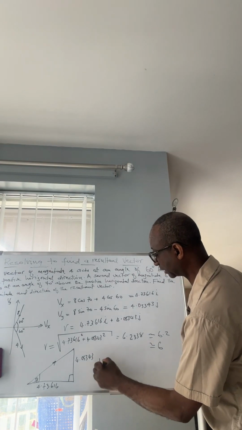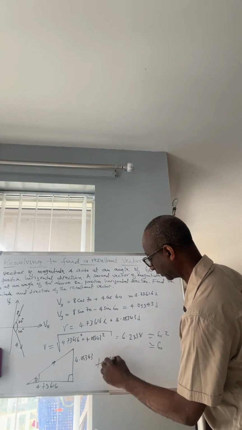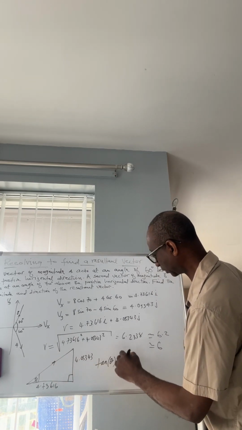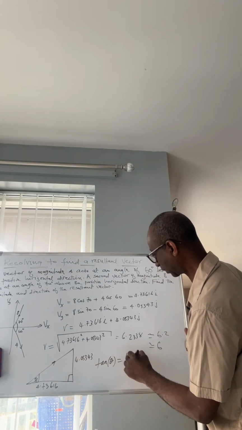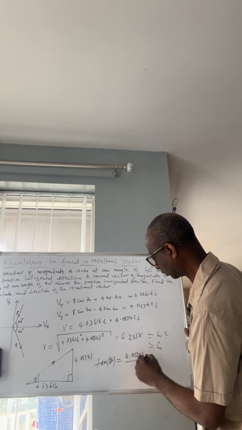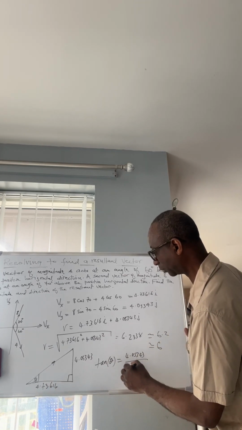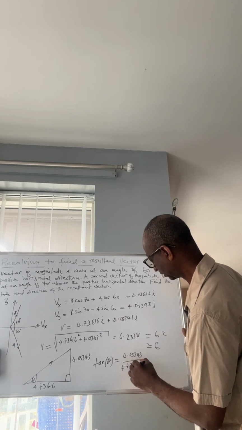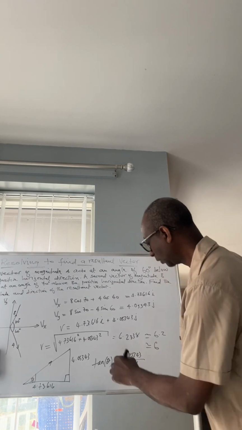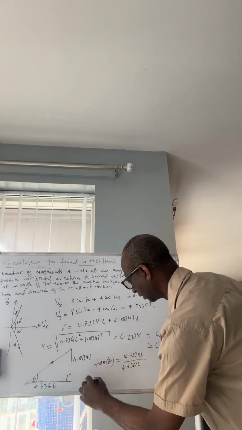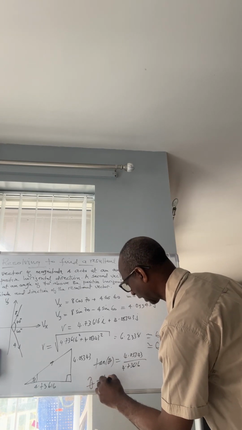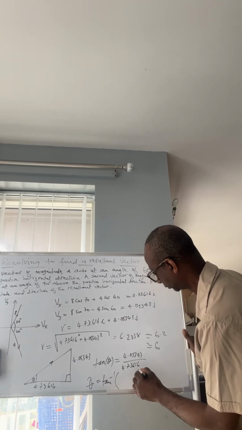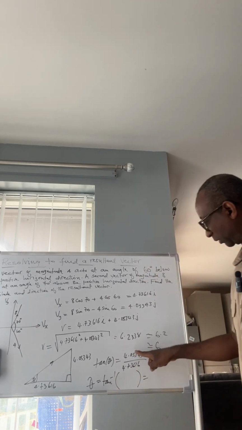So if you say now the tangent of theta is equal to the opposite, which is 4.05343, all over the adjacent, which is 4.73616. We want theta, not tan theta. So theta is equal to the arctangent of whatever you get from this fraction.